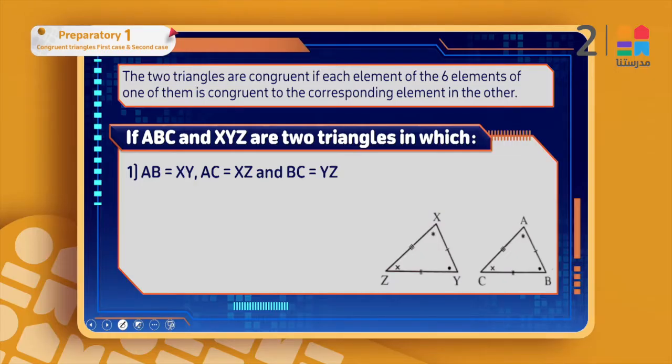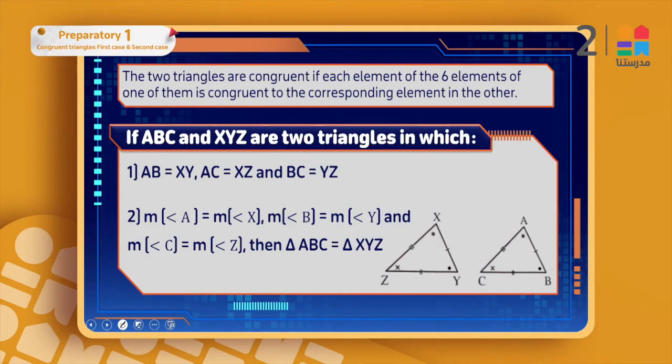The first one, AB is equal to YX or XY. And then AC is equal to XZ. And BC is equal to YZ.